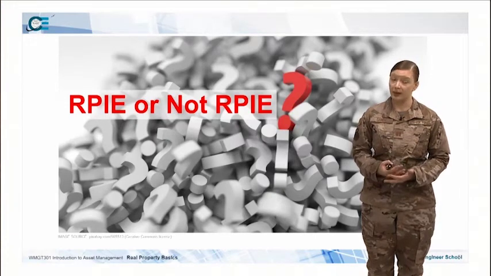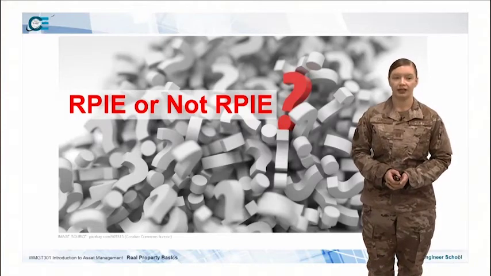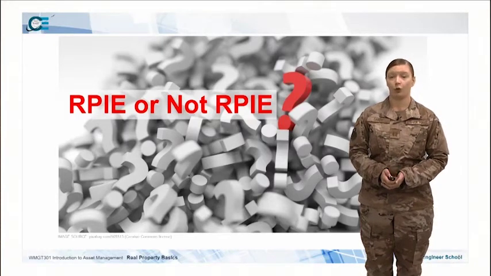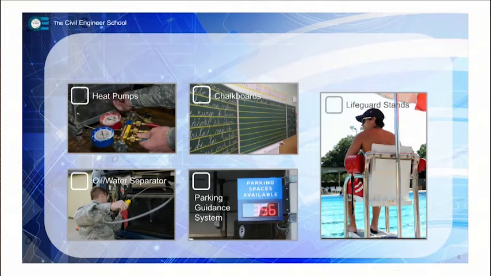So I recommend that you pause the video, make some notes to yourself about why you think each asset is RPIE or not RPIE. So go ahead and pause the video and see if you can determine which ones are RPIE and which ones are not. Afterwards, I'll explain.